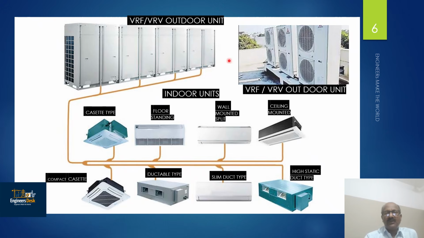VRF means variable refrigerant flow. VRV is variable refrigerant volume, used for the same purpose. Indoor units are of different types: cassette type, floor standing, wall mounted, ceiling mounted, compact cassette, ductable type, slim duct type, and high static. All these are used in different areas and for different purposes.